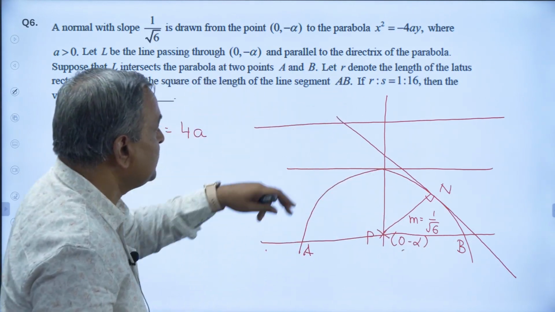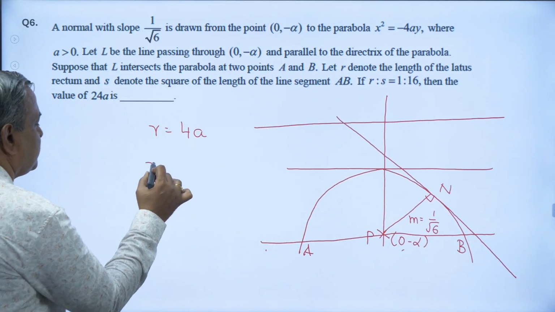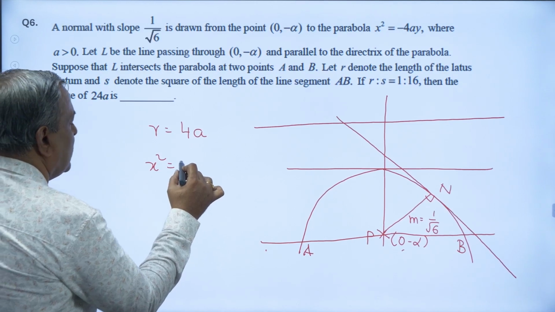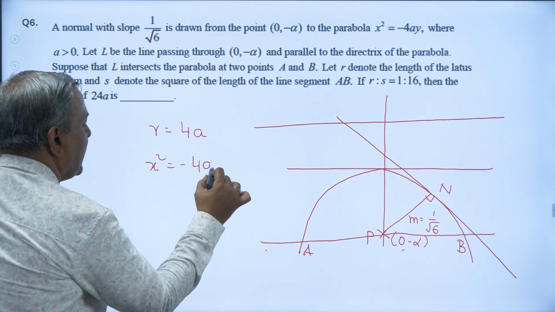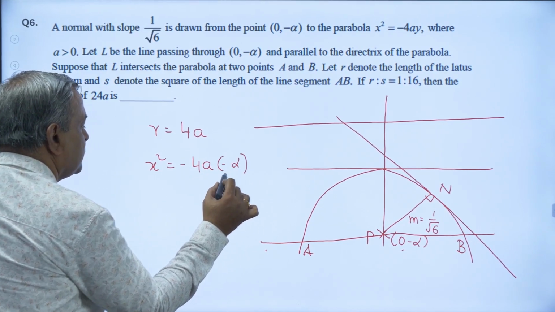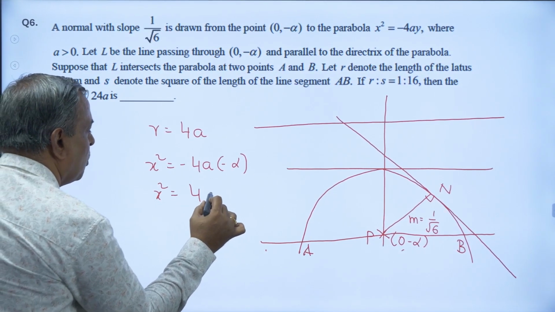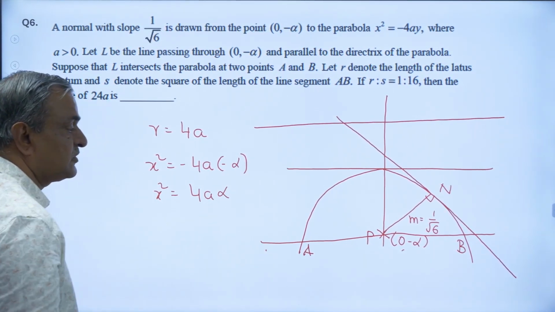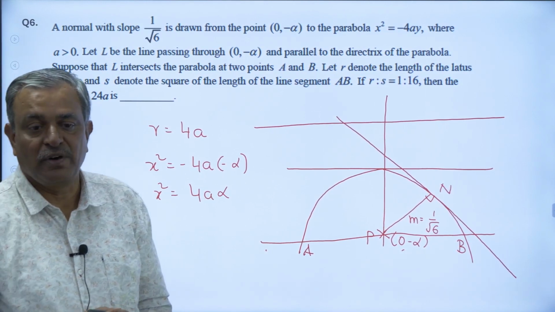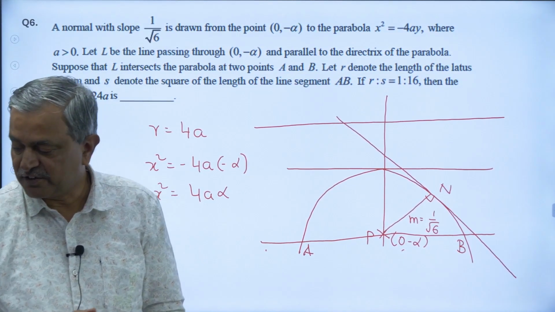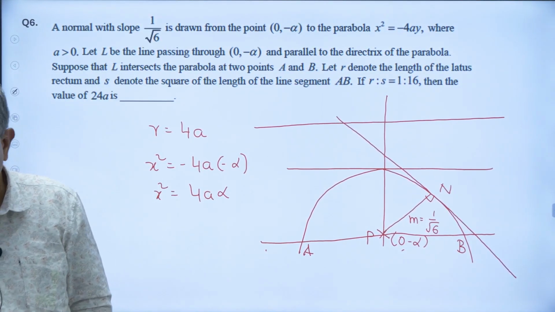Minus alpha. Substitute that there. X square is equal to minus 4a into minus alpha. So we get x square is equal to 4a alpha, we got it.